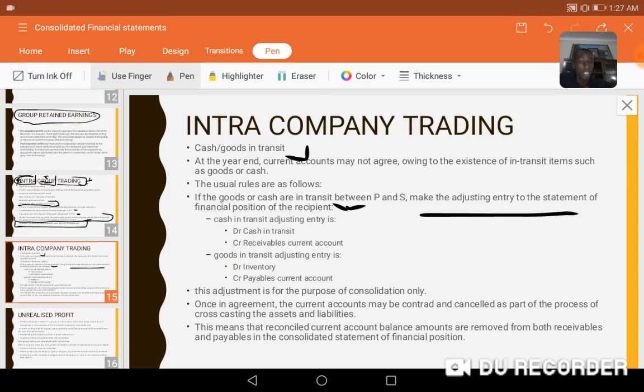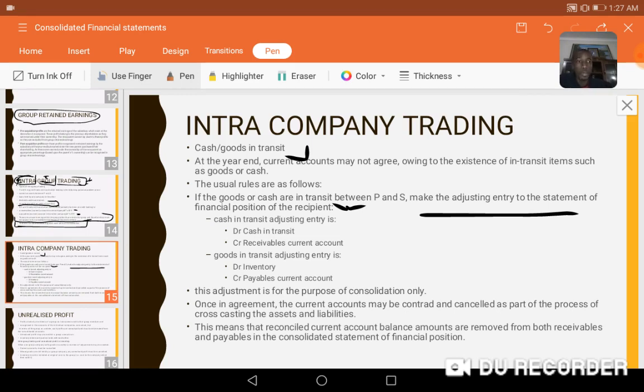We assume that the recipient is within the group. It's one of the companies in the group, of which here we assume the subsidiary. For example, like I was saying, the subsidiary has released the check. It's still in transit, yet to reach the parent.